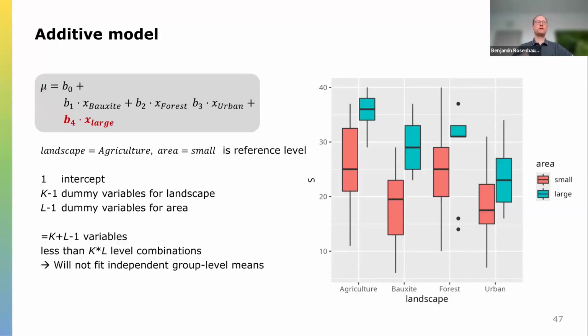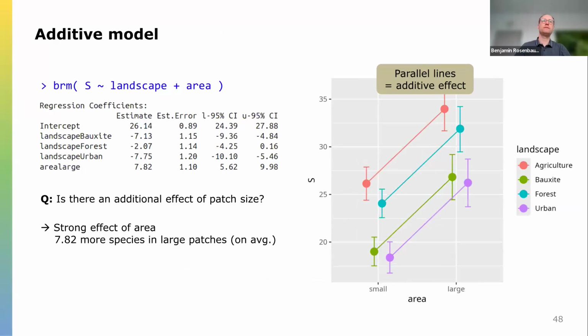So let's start with the first one. This is now the dummy coding notation. And it will not fit independent group means because the model itself does not have enough degrees of freedom. Yeah, so if you fit the model, you again will have an intercept.